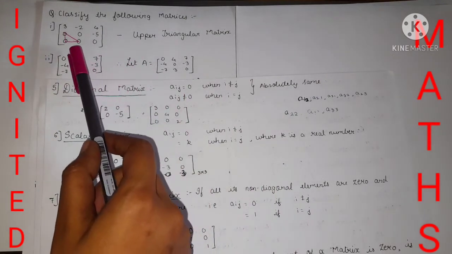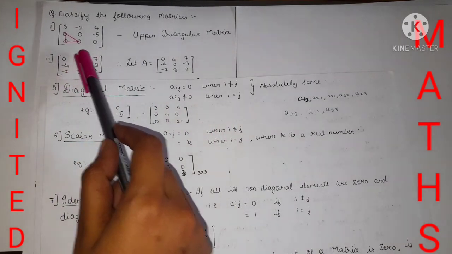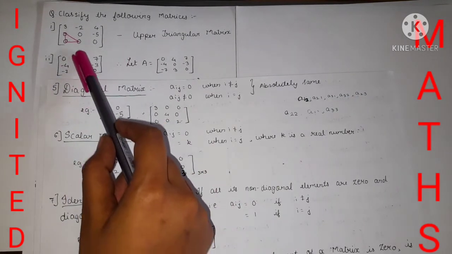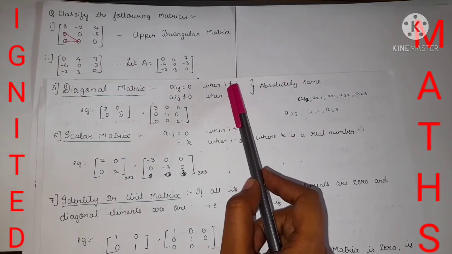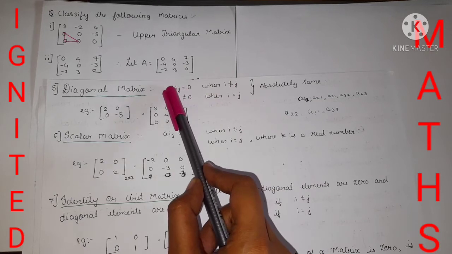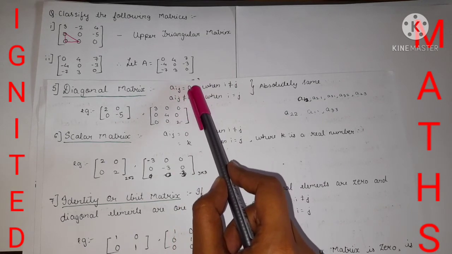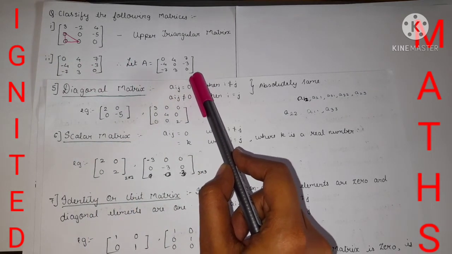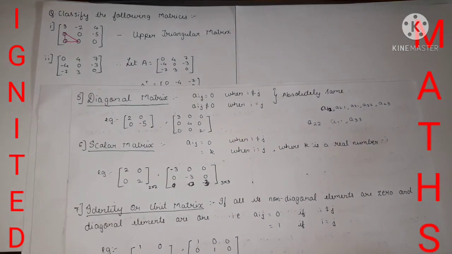For the element 4, it is present in the first row and second column, so i is not equal to j, since 1 is not equal to 2. So a ij contains the term 4, but the condition says a ij should be 0, so it is not a diagonal matrix.